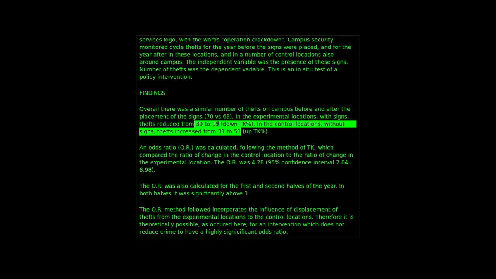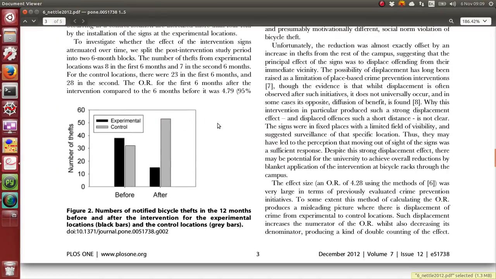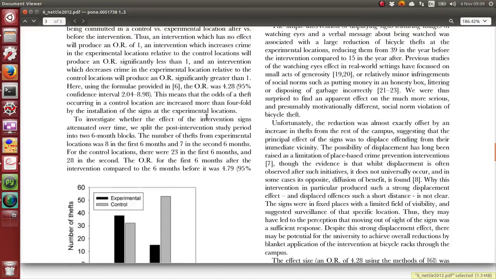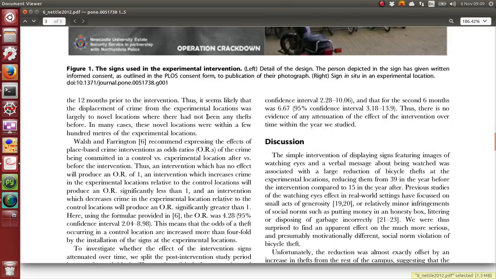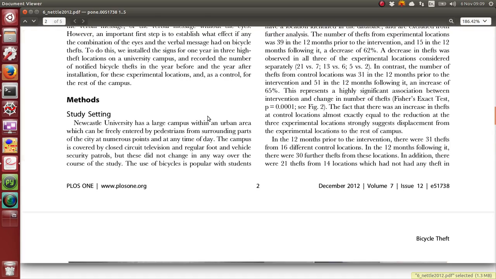Well, they did do a statistical test, didn't they? Was it Fisher's exact? Okay. Yeah, okay, so they do a test.